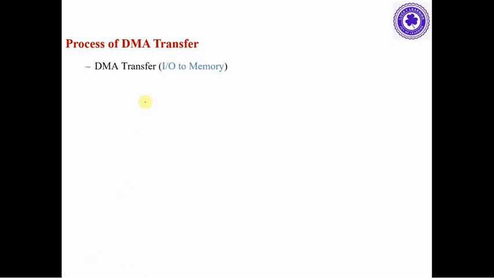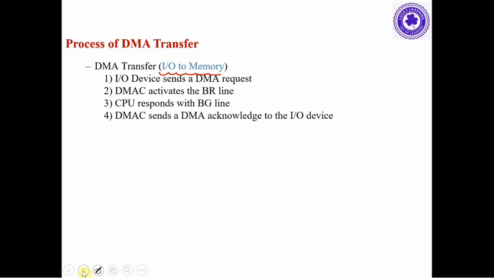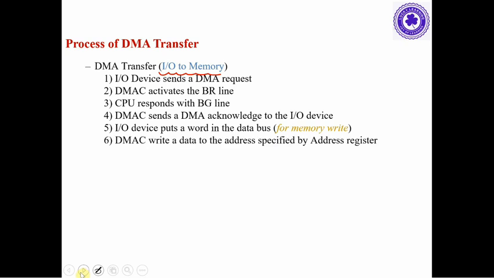Now look at DMA transfer from an IO device to memory. Here the IO device sends a DMA request. The DMA controller activates the bus request line. The CPU responds with the bus grant line. The DMA sends acknowledgements to the IO devices. The IO device puts a word on the data bus for memory write, and the DMA controller writes the data to the address specified by the address register, and the word count is decremented to count whether the words are transferred or not.